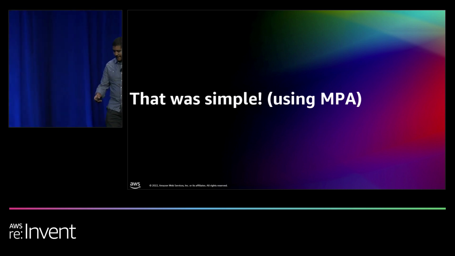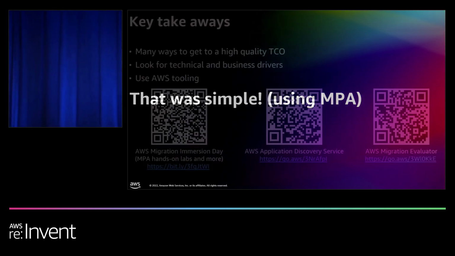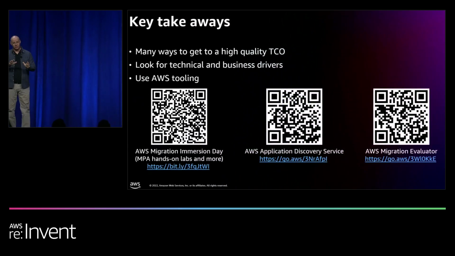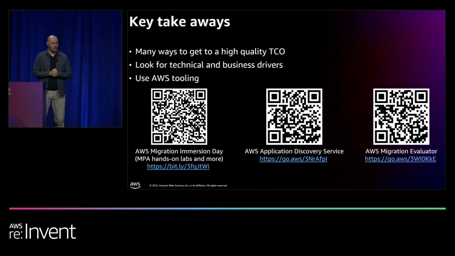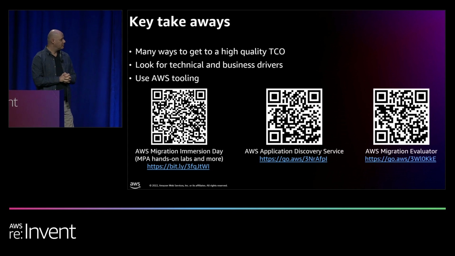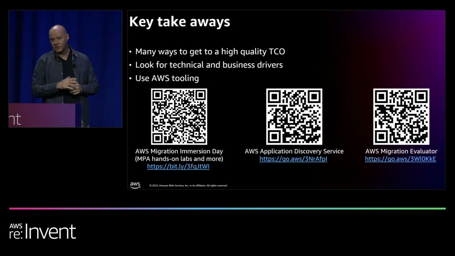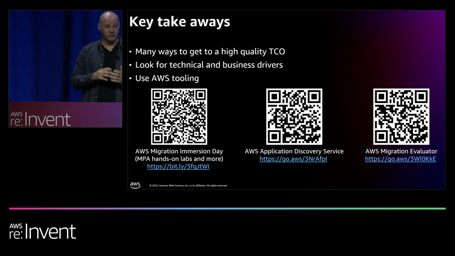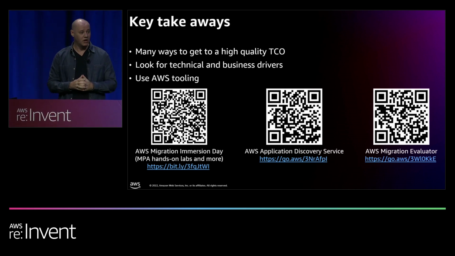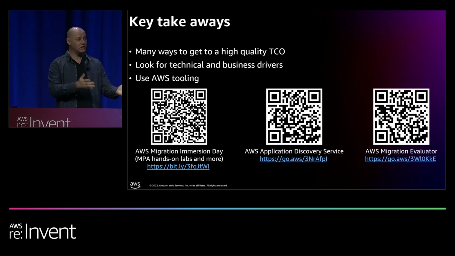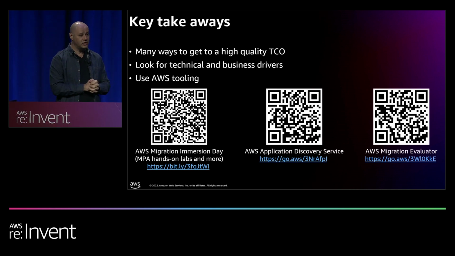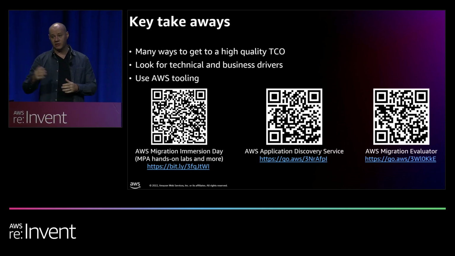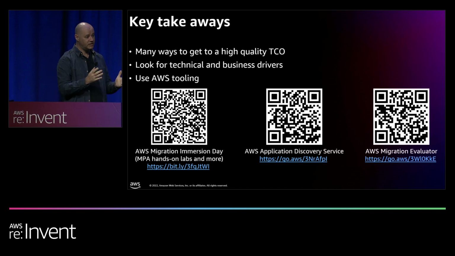So we are reaching the end here of our presentation, but we want to leave you with a couple of interesting places to follow up after this session. The first one is the Immersion Day, the Migration Immersion Day. It's available for free. You can use your own AWS account, or you can ask your AWS team to create an event for you and create an Immersion Day for you and your customers.